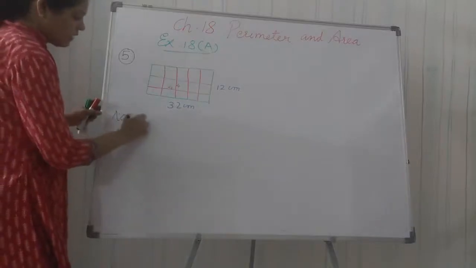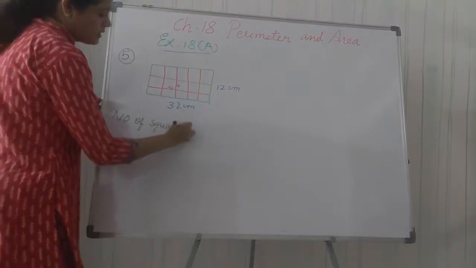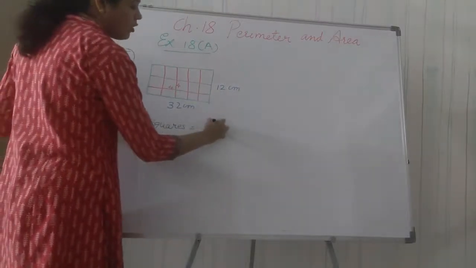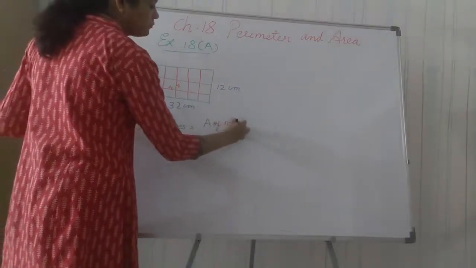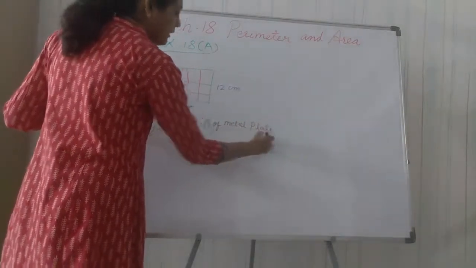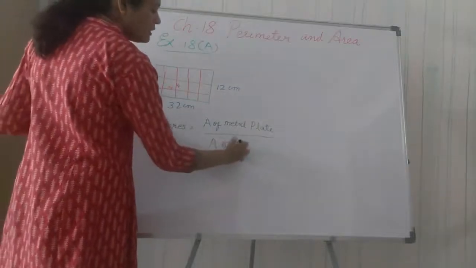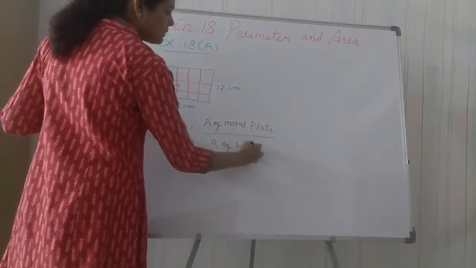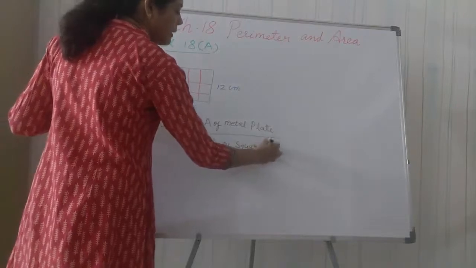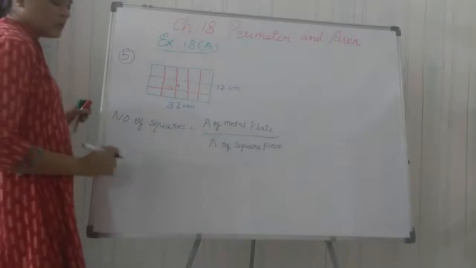Number of squares is equal to, always students, the area of metal plate we have to take and divide it by the area of square piece, the pieces that are going to form here.